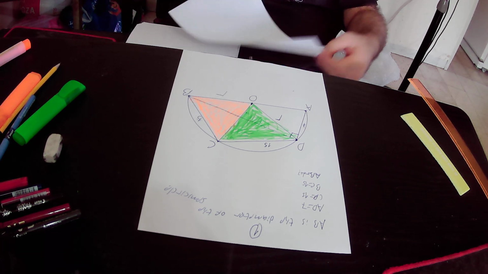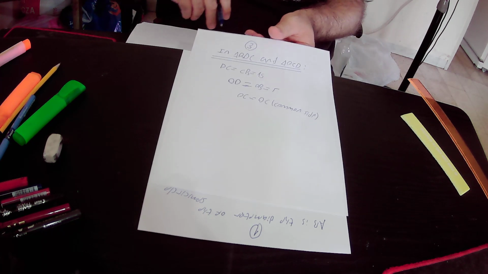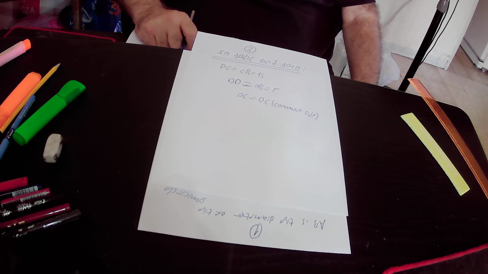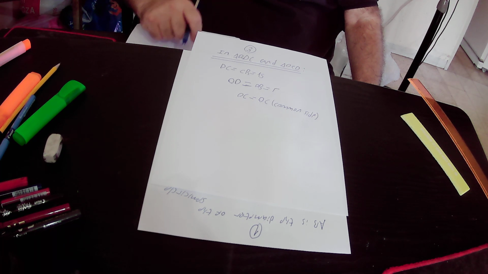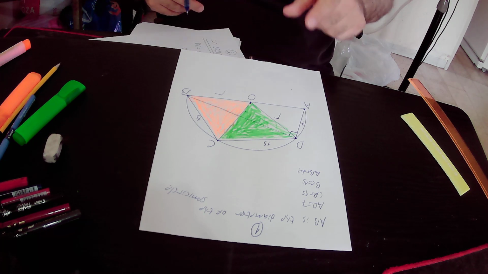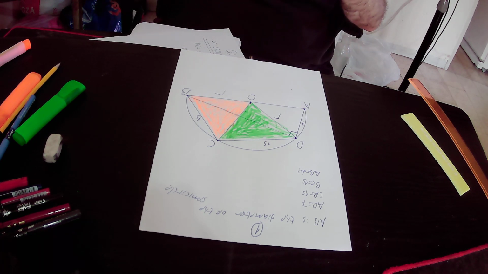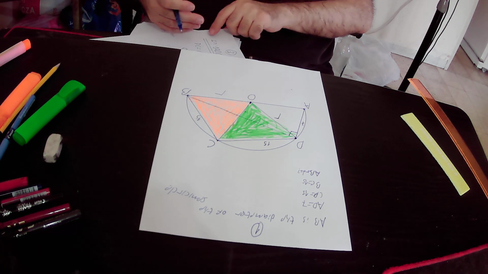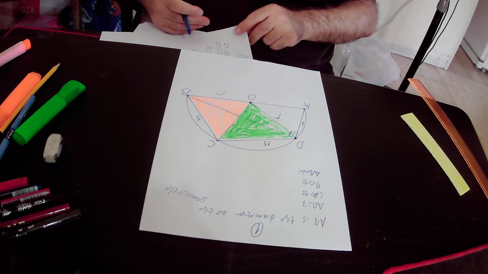Okay, so we actually proved that all the sides of the green triangle are equal to all the sides of the orange triangle. Therefore, we actually proved that the green triangle is congruent to the orange triangle according to side rule.